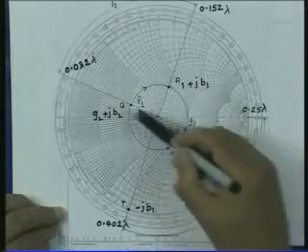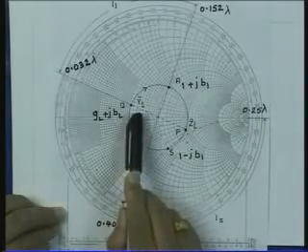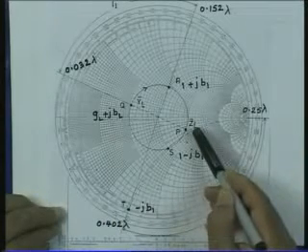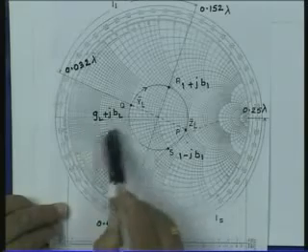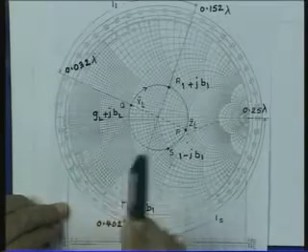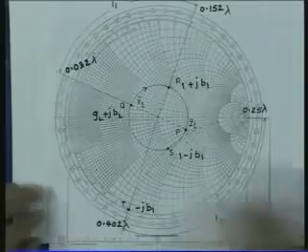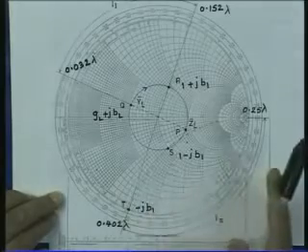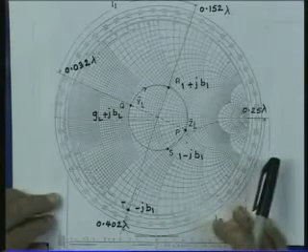So, this diagonally opposite point Q gives me the normalized admittance corresponding to this normalized impedance. Let us say that the normalized load admittance is GL plus jBL. So, essentially our single stub matching starts from here. This is the admittance which is to be matched by using a single stub where the stub is connected in parallel with the main line.